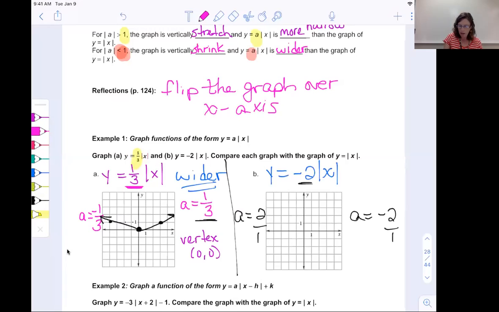So when I go to graph this, again, my vertex is at 0, 0, because there's no numbers added or subtracted. So now the left side is the positive, the right side is the negative. I'm going to graph the right side first. So I have a -2. That means I go down 2, and then I have a +1. Down 2, right 1.